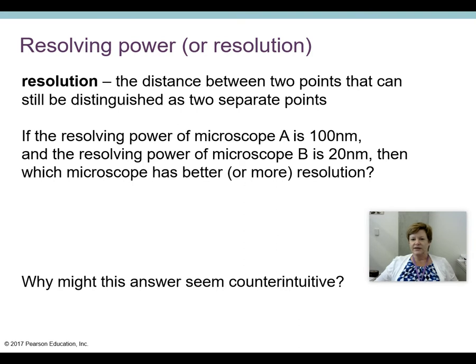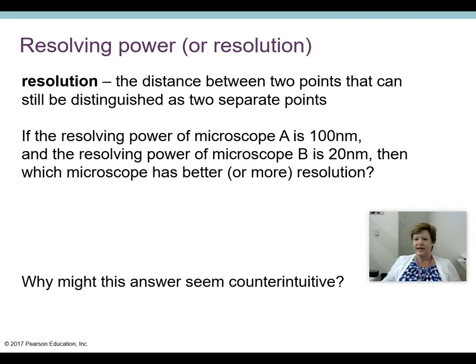And so I give you this example. If the resolving power of microscope A is 100 nanometers, that means the smallest distance that exists between two objects that can still be clearly seen as two objects is 100 nanometers. But the resolving power of microscope B is 20 nanometers, so closer together, you can still see them clearly.